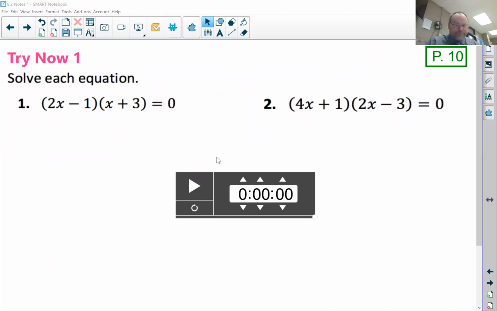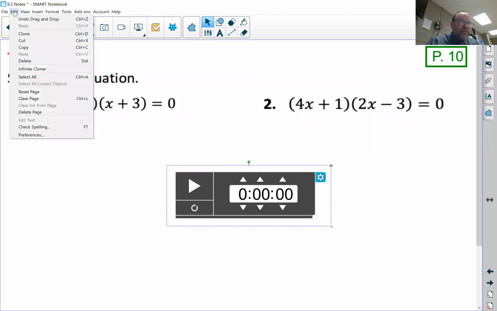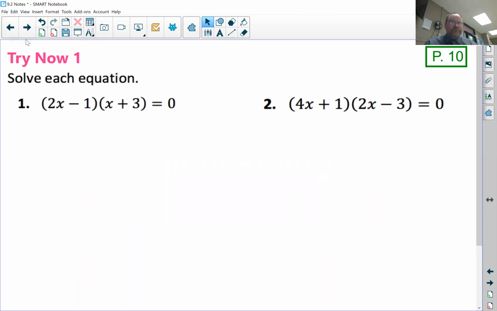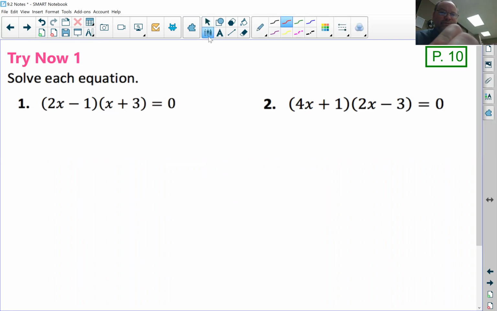All right. So again, using the zero product property, we go 2x minus 1 equals 0, x plus 3 equals 0.